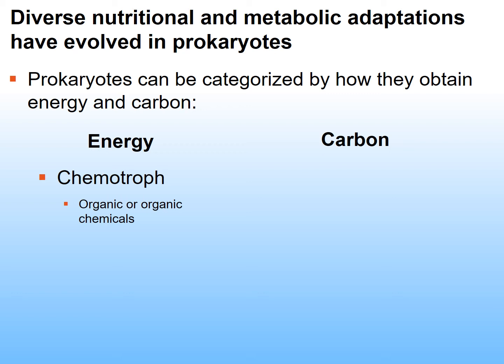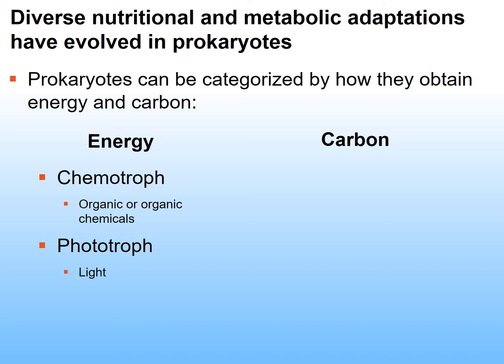So in terms of energy, some prokaryotes can be what's called chemotrophic or chemotrophs. So chemotrophs obtain their energy from organic or inorganic compounds. Okay, so it could be organic or inorganic compounds or chemicals. Now, organic chemicals would be like organic acids, something, of course, that contains carbon.